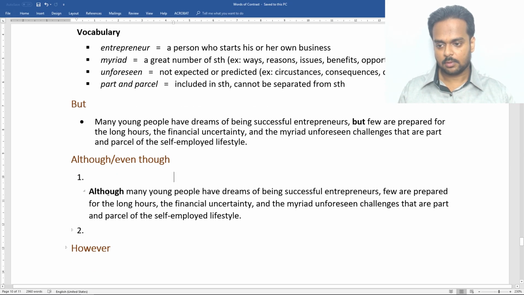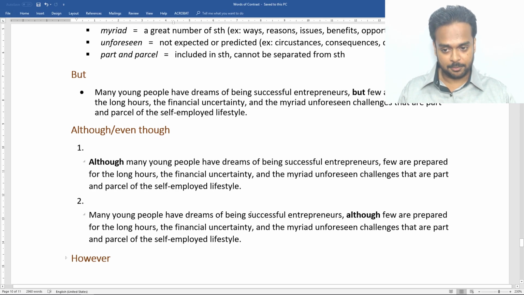So you see here, we said, although many people have dreams of being successful entrepreneurs, few are prepared for the long hours, the financial uncertainty, and all the other challenges. But you can also do this. Many young people have dreams of being successful entrepreneurs, although few are prepared for the long hours, etc. Both of these are okay.